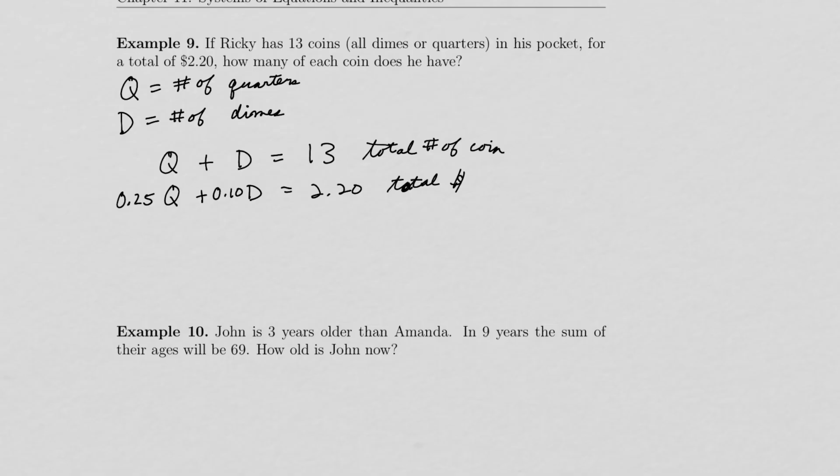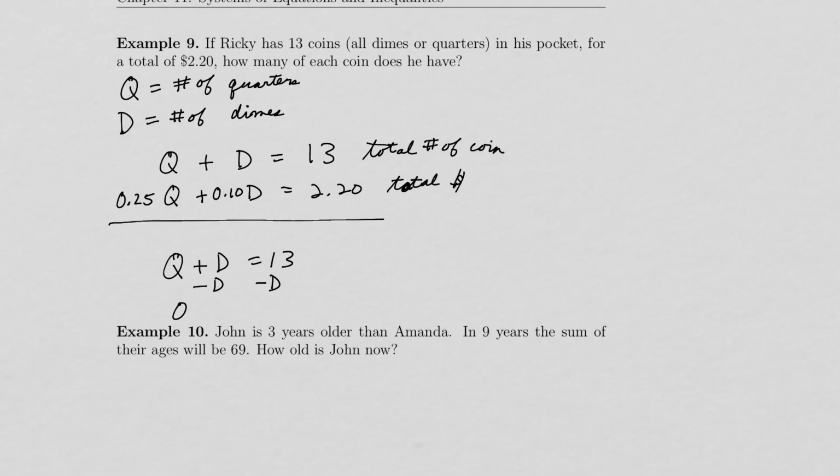Okay, again, we can solve it many different ways. You could get rid of the decimals if you want by multiplying the second equation by 100. Let's just use substitution again. So I'm going to solve for, say, Q in the first equation. So I'll just subtract d from both sides.